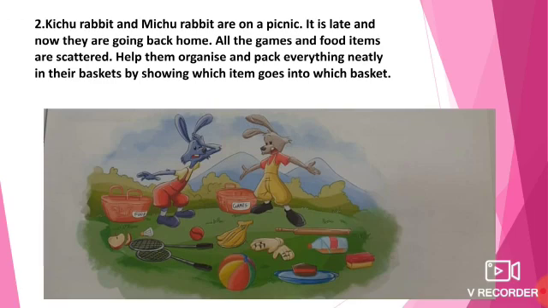Two baskets are available, one is food and the next one is games. Draw a line to show which box each belongs to, or otherwise you can write above the things: if it belongs to food, write F, or if it belongs to games, write G. That will be easy in your ICT book.